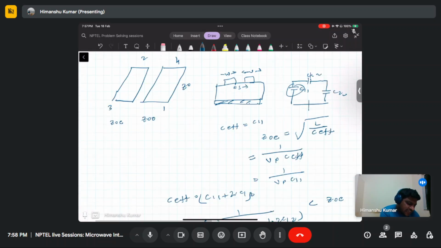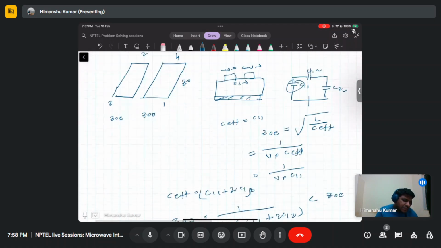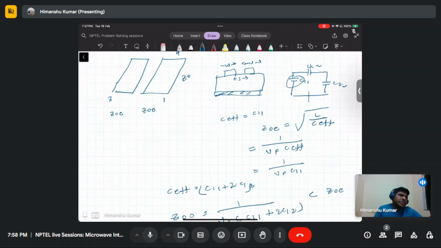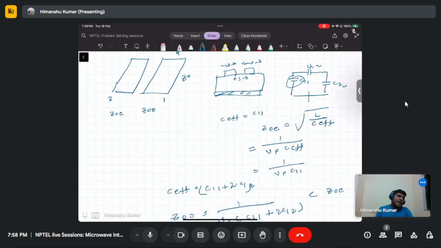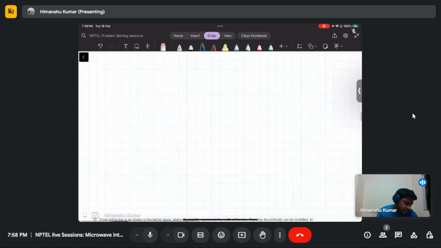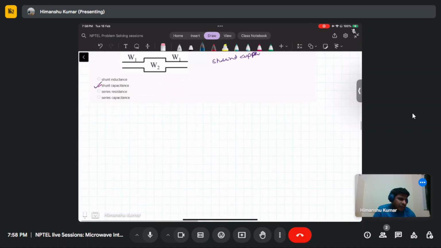So in that way, you can analyze those coupled line hybrid couplers also. That was the derivation for the coupled line hybrid systems, which you can analyze by this even and odd mode impedance.